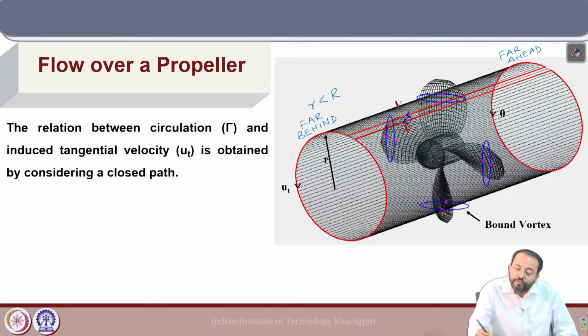Now, far ahead the induced velocity in the tangential direction was 0, there was no induced velocity, right, and far behind we have the vortices shed by the propeller.